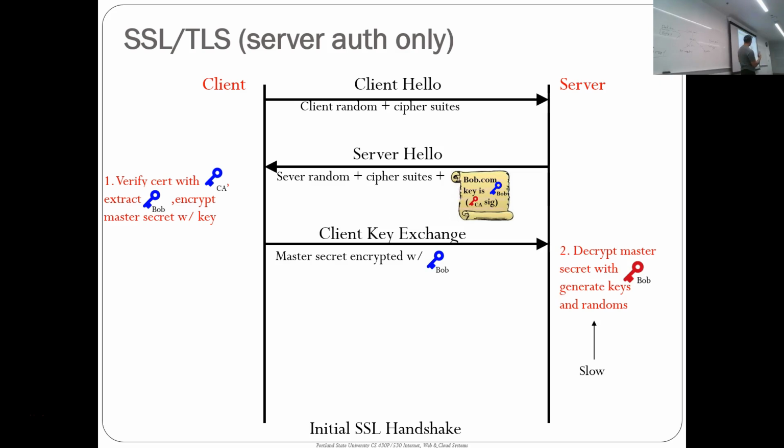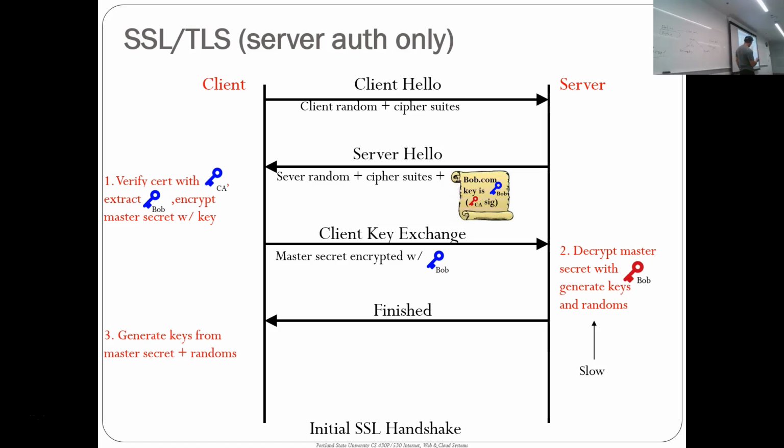So this is the client trying to establish a key with this master secret encrypted with the public key of Bob. Bob decrypts this master secret with his private key, since he's the only one who owns it, generates another key and some random numbers, and then exchanges that with the client. After this handshake, you now have the ability to send encrypted messages back and forth using a symmetric key algorithm.